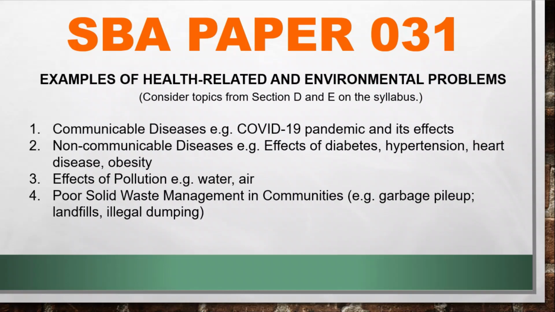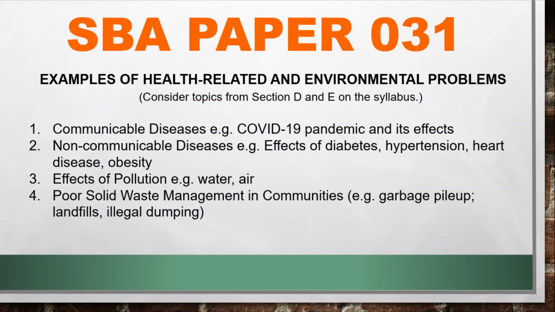So I just threw out some ideas here so you get an idea of what type of topics you can approach this project. For instance, these topics would mostly come from Section D and Section E on the syllabus, because those sections focus on diseases and human activities and how they impact the environment.